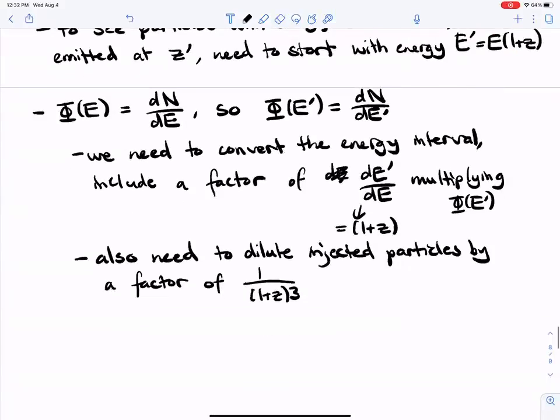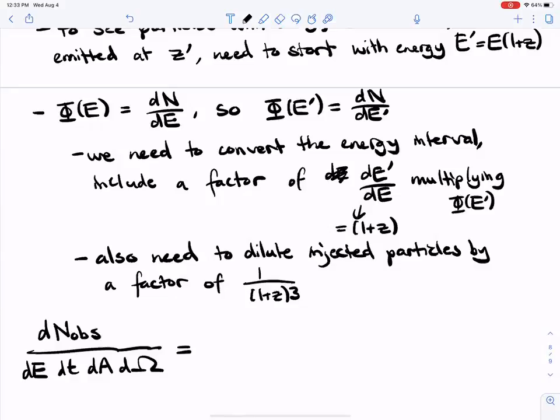So what we end up getting in the end, if we want to look at dN obs, the number of observed particles with respect to energy, with respect to time, divided by the area of the detector, which I'll now call dA, and we can put in a d omega here as well.